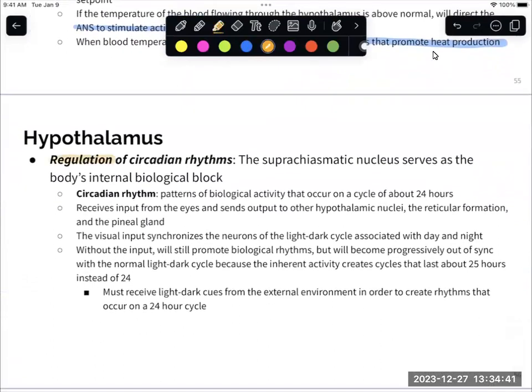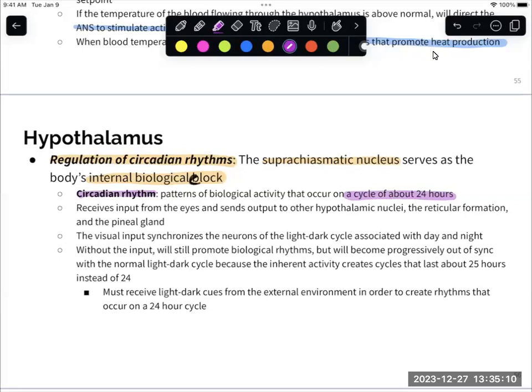Your circadian rhythm. We have the suprachiasmatic nucleus that maintains that biological clock. So that circadian rhythm, that 24-hour cycle.